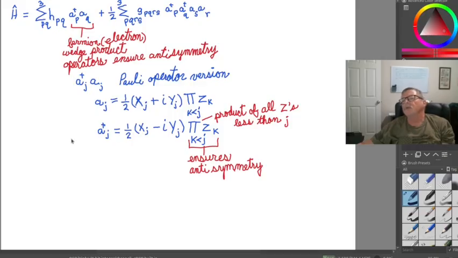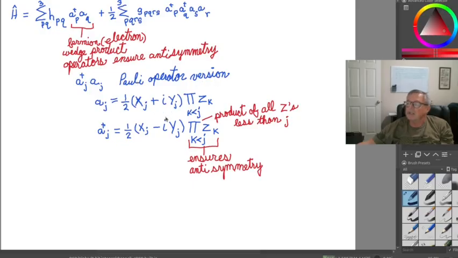Now, to close all this off, I want to bring out these two animals from the second quantized Hamiltonian. Those represent wedge product operators that ensure anti-symmetry. If we have qubit versions, what is the Pauli operator version?